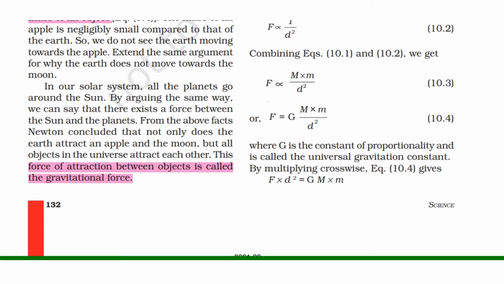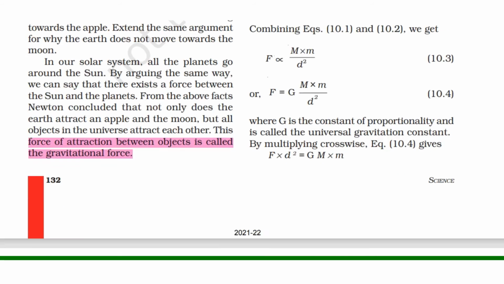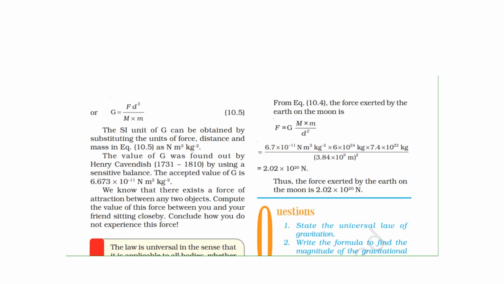By multiplying crosswise, equation 10.4 gives F d square is equal to G m1 m2, or G is equal to F d square by m1 m2. The SI unit of G can be obtained by substituting the units of force, distance and mass in equation 10.5 as Newton meter square per kilogram square.